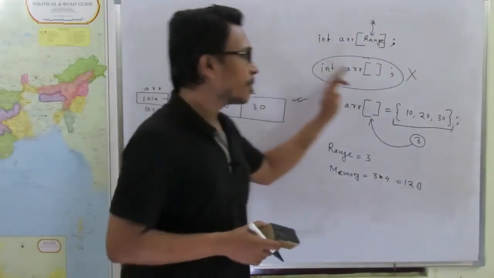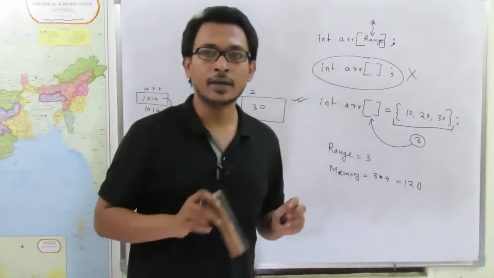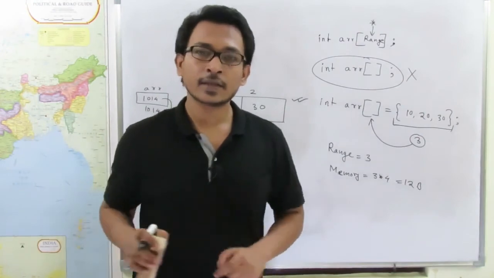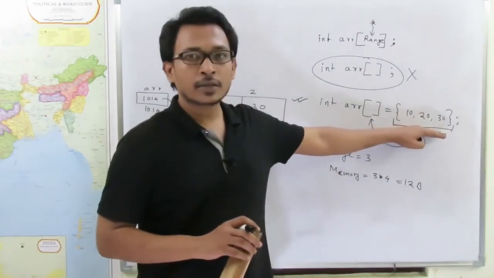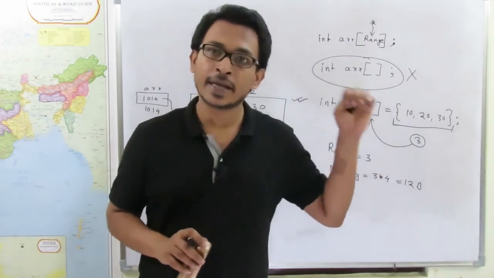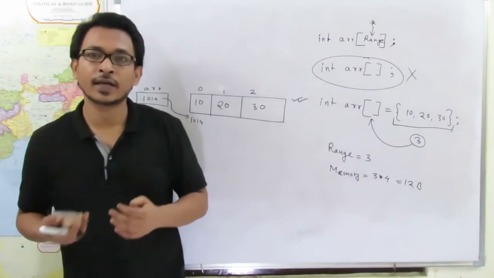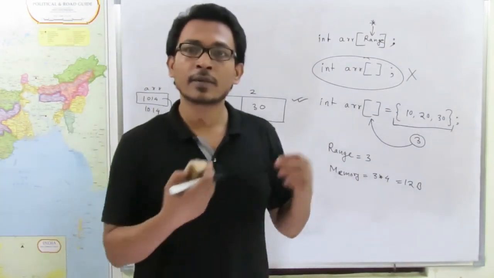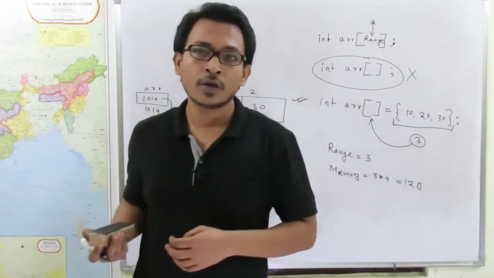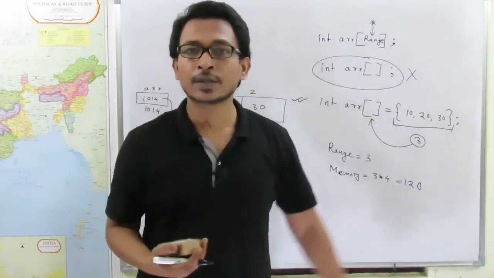Now all the remaining parts are exactly the same as whatever we learned till now. The only difference is that in case of initialization, the range value becomes optional. We may define the range value or we may not, it doesn't matter. The system internally calculates the range value from the set of elements that we specified in the declaration statement.